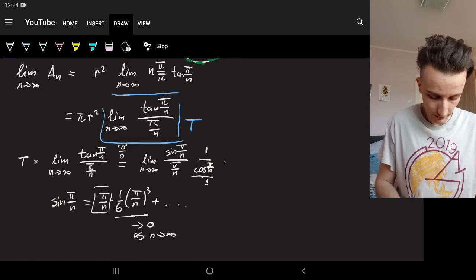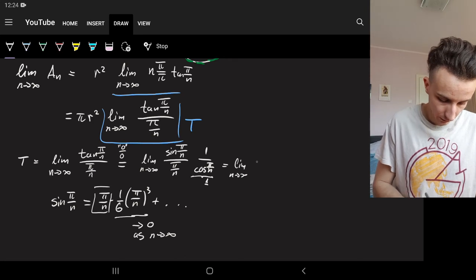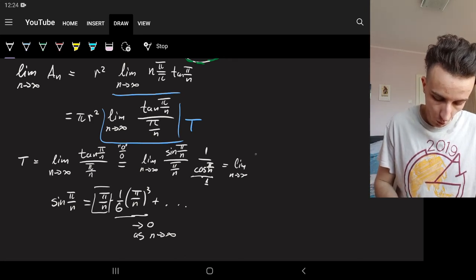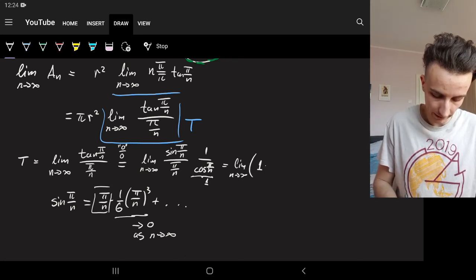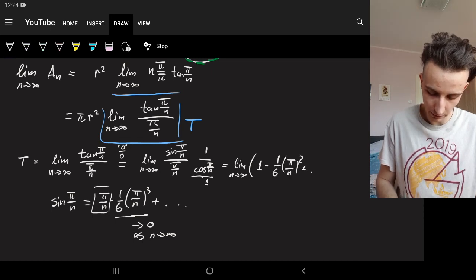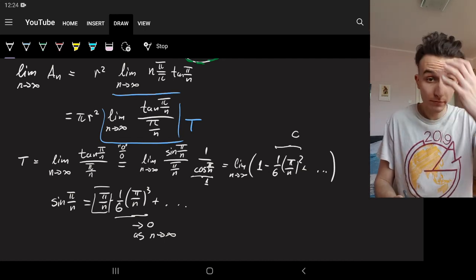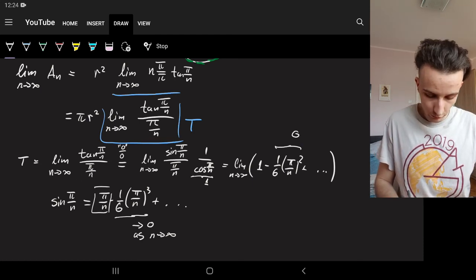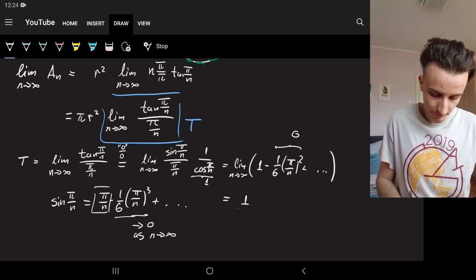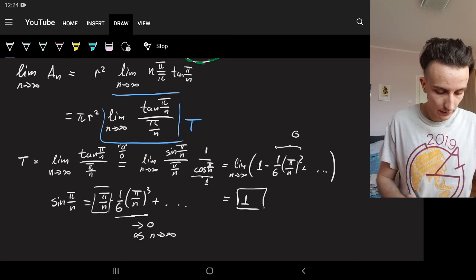Even if I don't omit it, it'll just be the limit as n tends to infinity of, if I plug this in, that's just 1, and then minus 1 over 6 pi over n squared, and plus blah, blah, blah. Now, obviously, this all goes to 0 as n tends to infinity, so we're left with 1. So t is equal to 1.